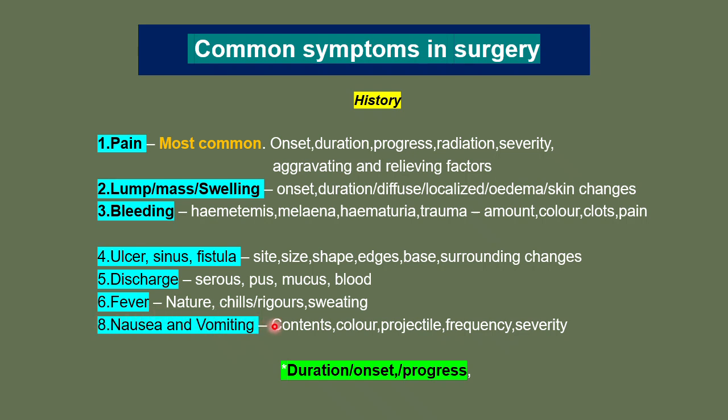You must always look for the contents of the vomitus, the color of the vomitus, whether it is projectile, and its frequency and severity. In all these symptoms, it's important to always find out the duration of the symptom, the nature of onset of the symptom, whether it's acute or chronic, and whether it's progressive or regressive.